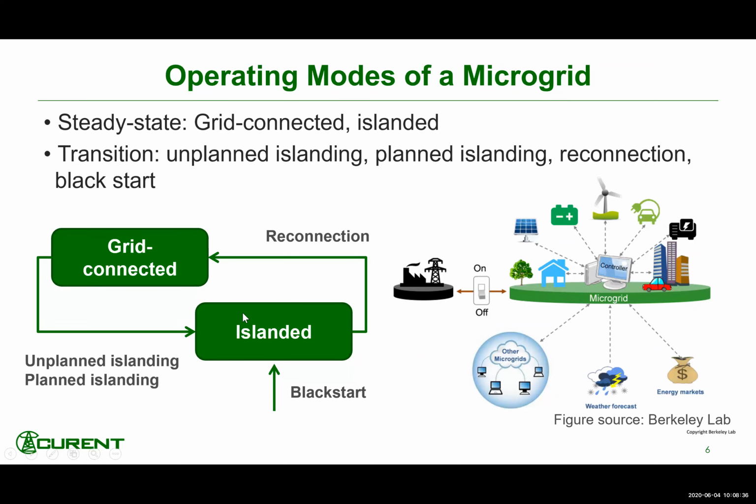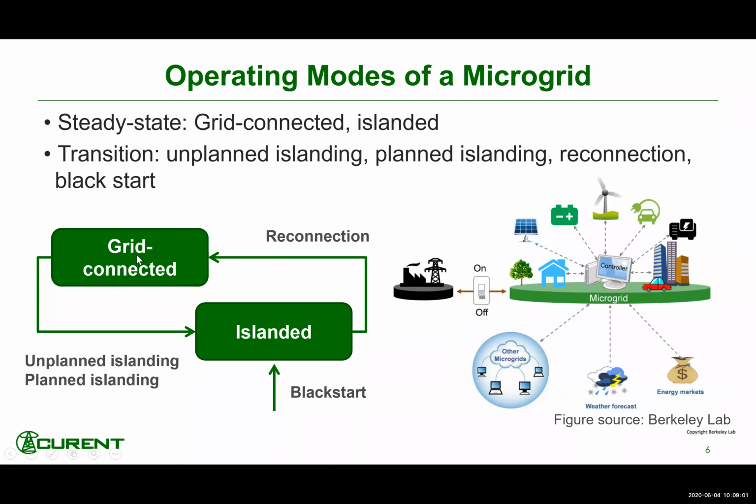For example, from islanded mode to grid connected mode, we need to do the reconnection. Before reconnection, we need to make sure the voltage waveforms on both sides, including voltage magnitude, voltage angle, and frequency, match each other. Otherwise, you will introduce a large inrush current. So this is a reconnection.